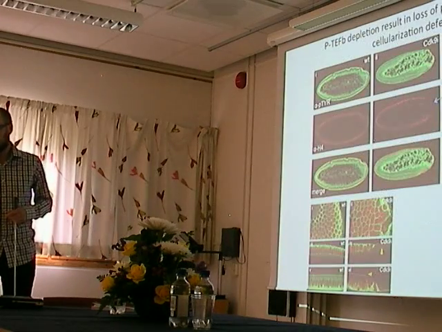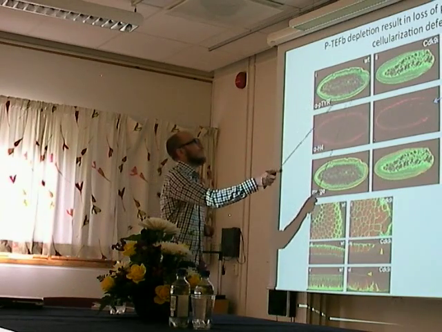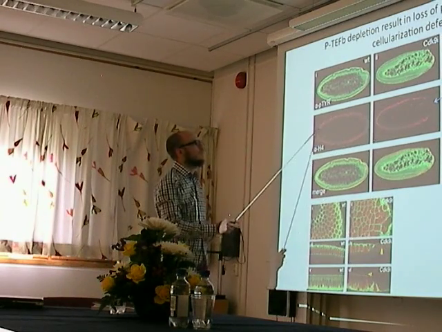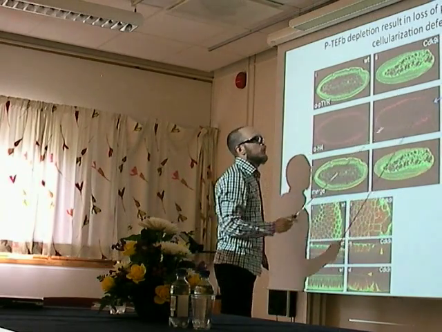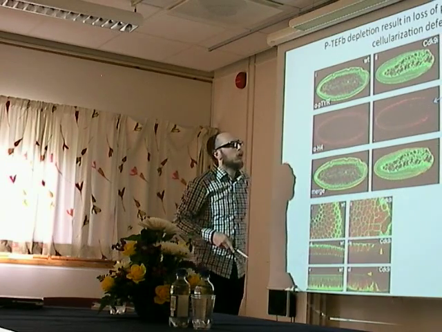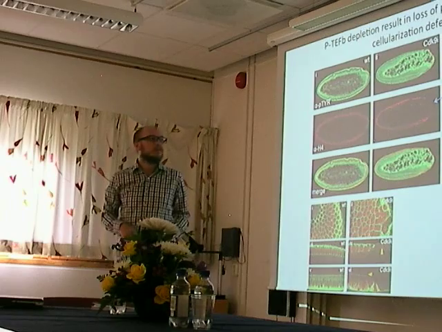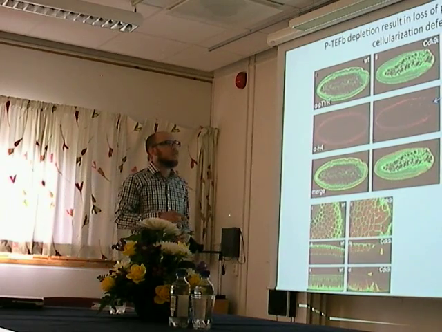And to do that, we stained embryos for membrane and for nuclei. And here in CDK9 and cyclin T depleted embryos, we can see that the posterior part of the embryo has lost all its cells. So PTFB depletion resulted in a loss of posterior cells.